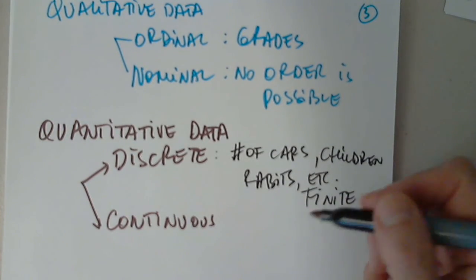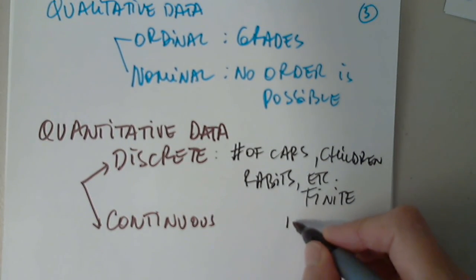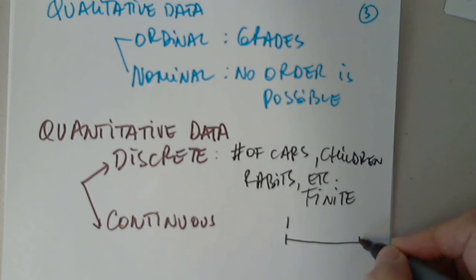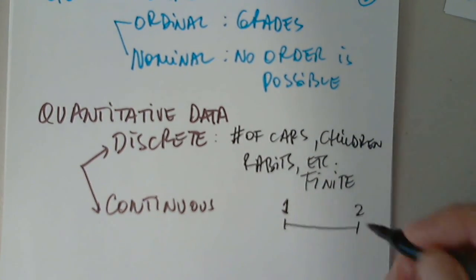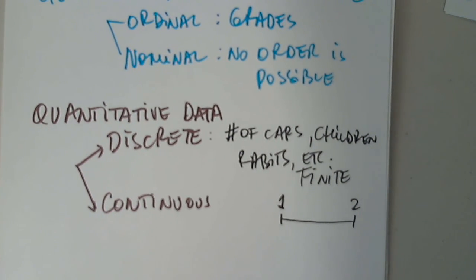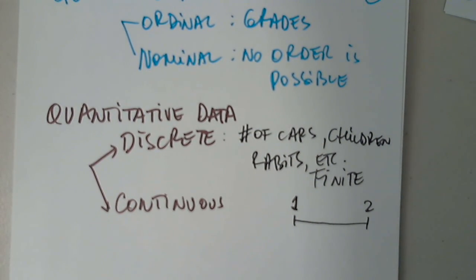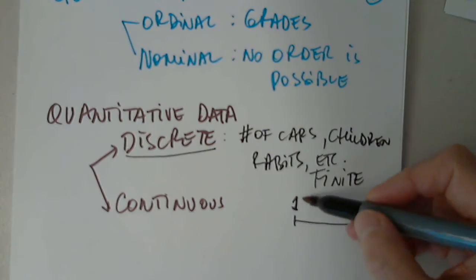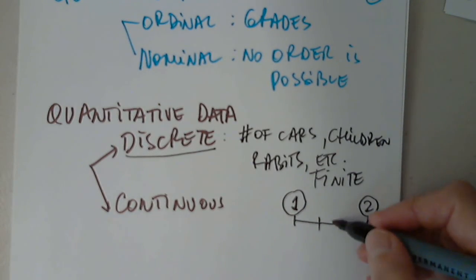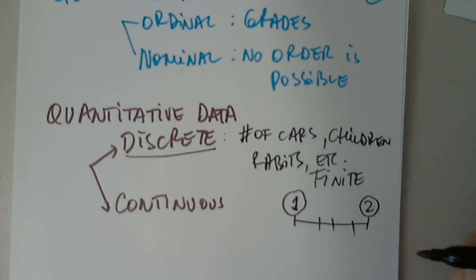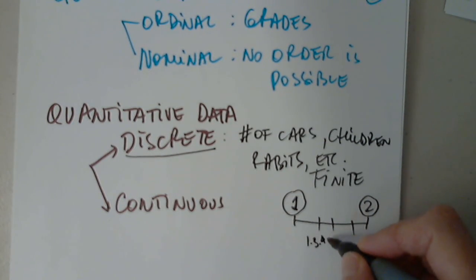Continuous, and also I should write between 1 and 2. So between 1 and 2, how many real numbers do we have? Exactly. But when it comes to discrete, I can only have 1 or 2. I cannot have this number, or this number, like 1.3495.